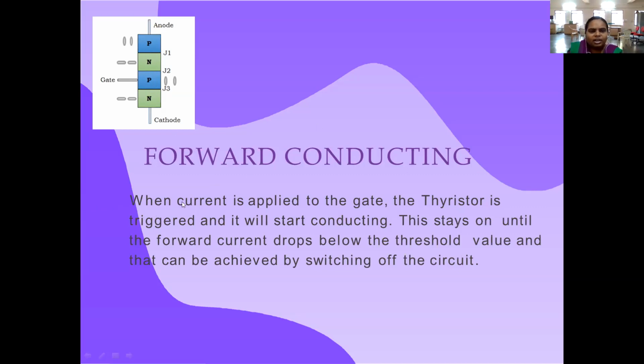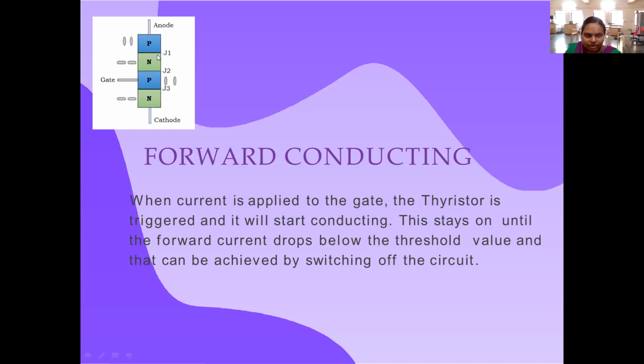Observe here, when current is applied to the gate, we call it firing, or we can say we are giving the supply from the gate; we can give any names there. The thyristor is triggered and it will start conducting. This stays on until the forward current drops below the threshold value.